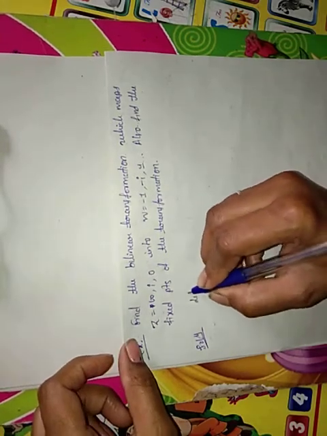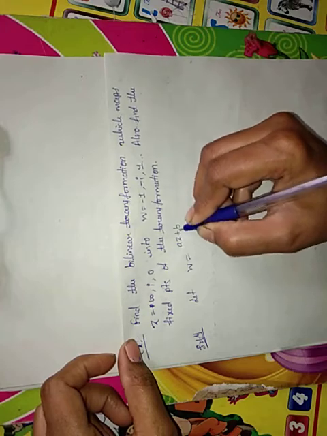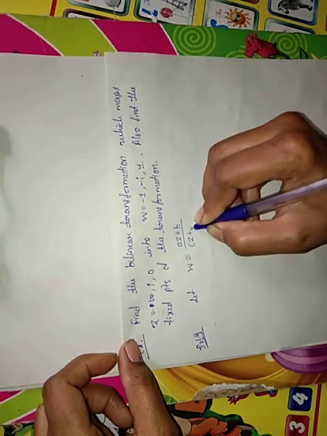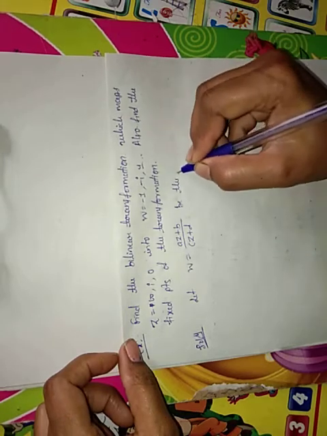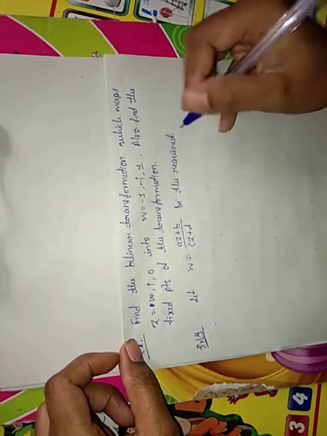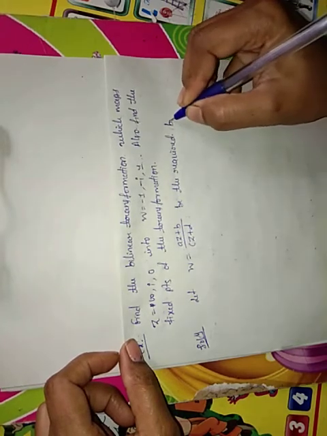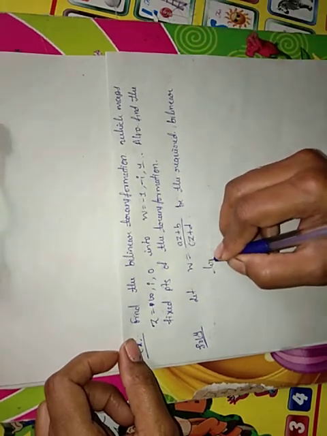Let w equal to az plus b divided by cz plus d be the required bilinear transformation.